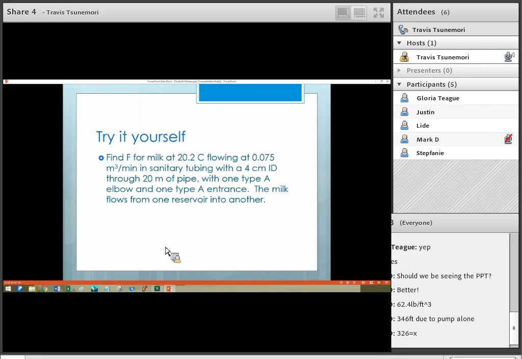So you should by now have the velocity in the pipe, right? Because you need that in order to find the Reynolds number. So what velocities do you have?